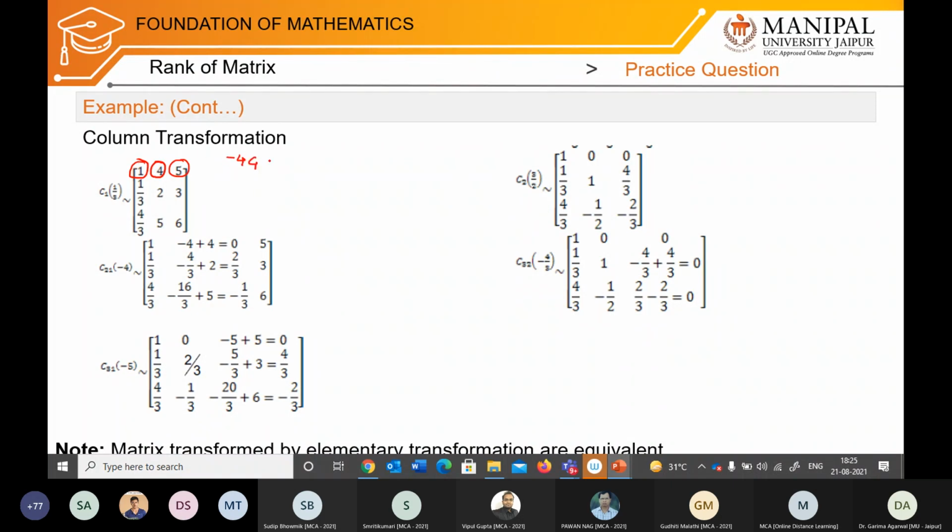Minus 4C1 plus C2. If we multiply the first column with minus 4 and add it to C2, it will convert into 0. Then our target is to reduce this element into 0. How can we reduce it into 0? Minus 5C1 plus C3. Then it will be 0, right? So this is the column transformation.